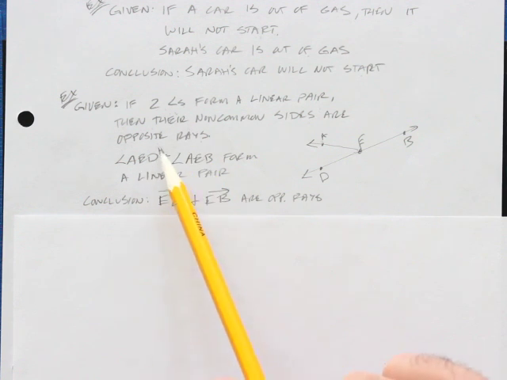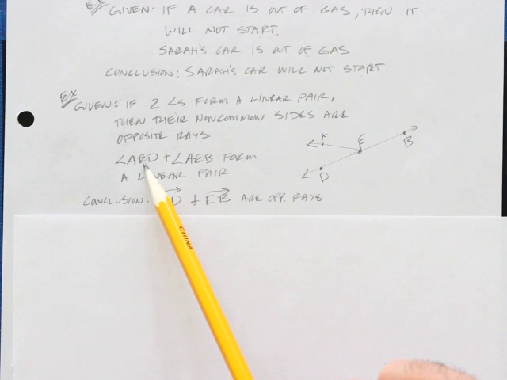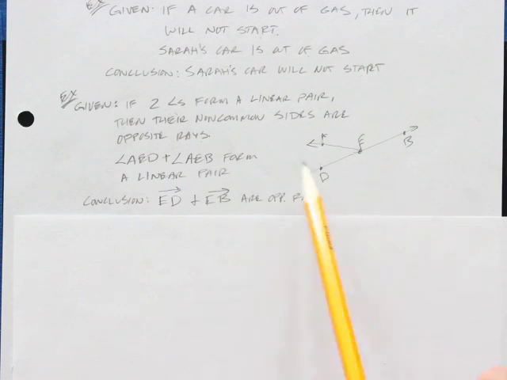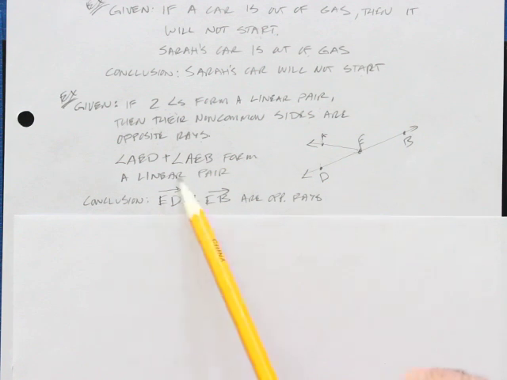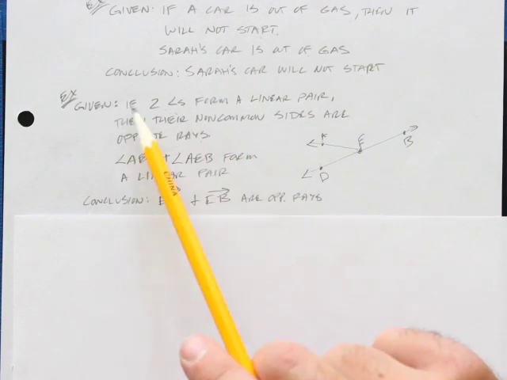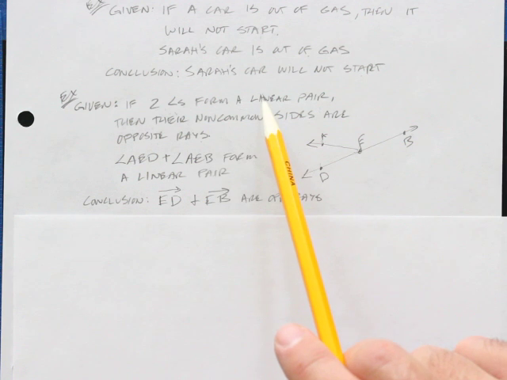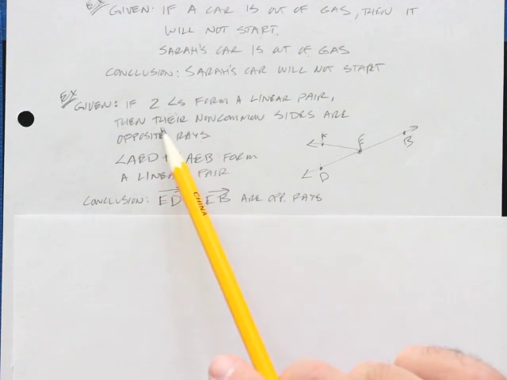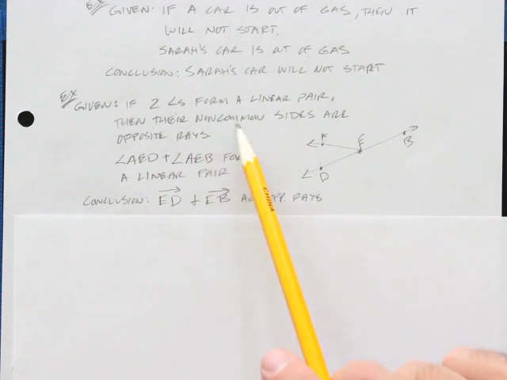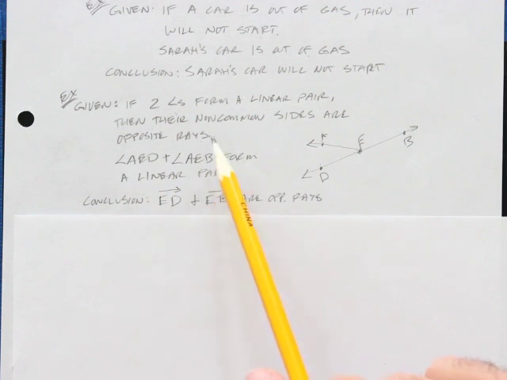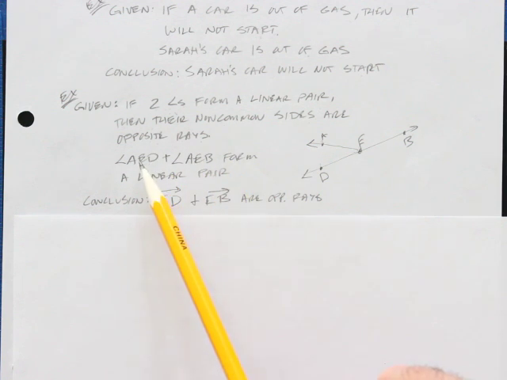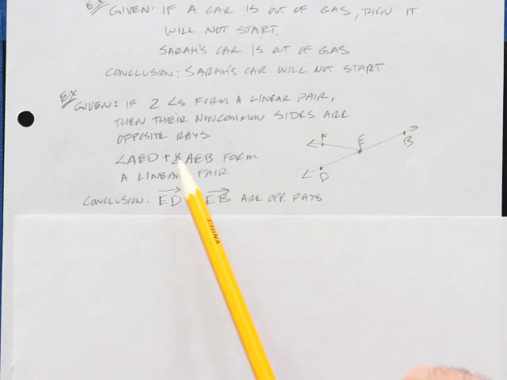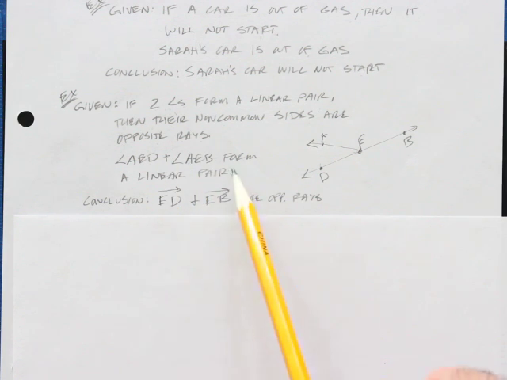Now, you're also given that angle AED and angle AEB form a linear pair. So we know that if two angles are a linear pair, then their non-common sides are opposite rays. And then we're just told that these two angles do form a linear pair.